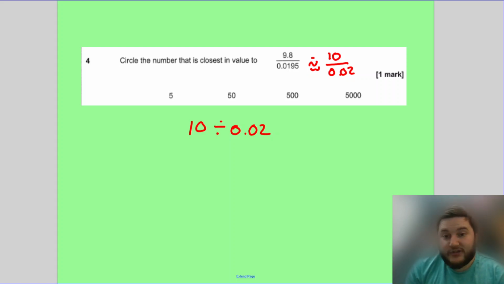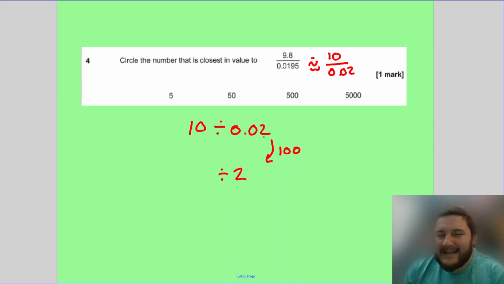And I know recently there have been some exams where they've tested this exact topic, dividing by decimals. Now, to divide by a decimal, one way I like to think of it is, well, if I multiply this number by 100 to get 2, so divide it by 2.